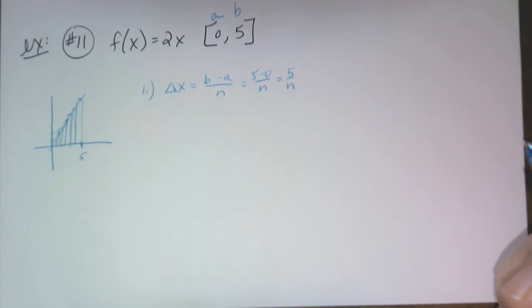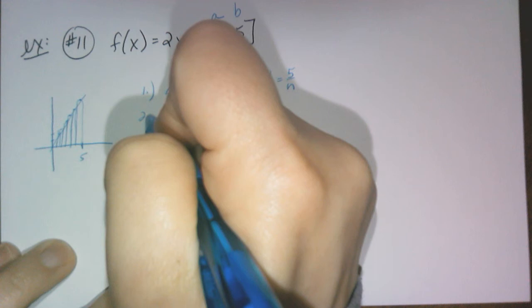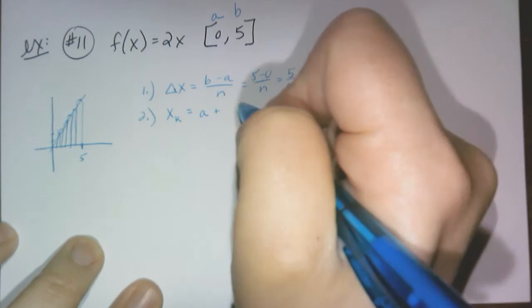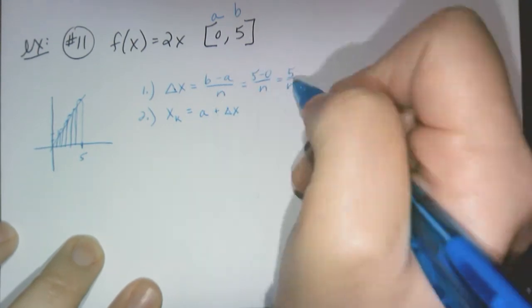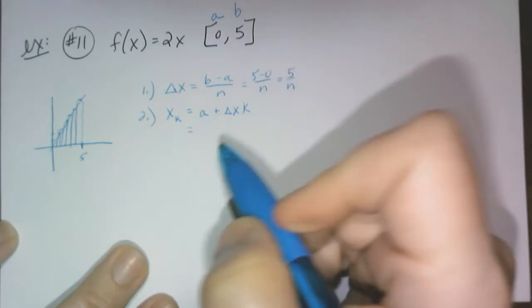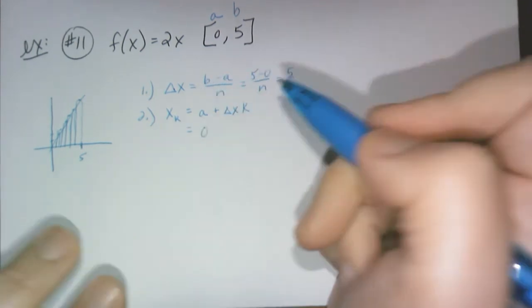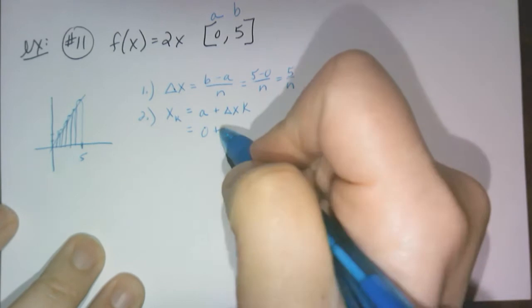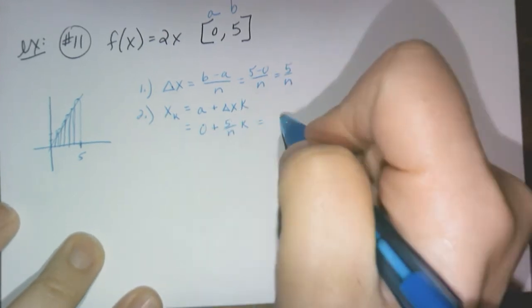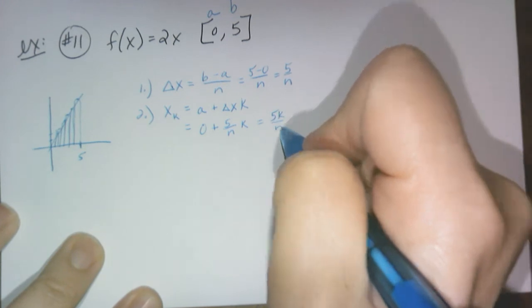Then we find x sub k. And x sub k is also a formula. It's a plus delta x, what we just found, times k. Okay? So a is 0. I'm just going to put 0 plus 5 over n times k. Or actually, I'm probably going to write that as 5k over n. That's x sub k.